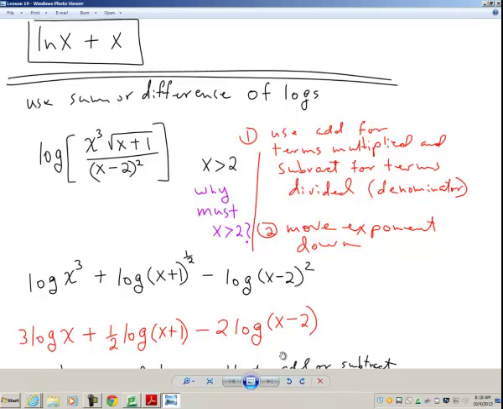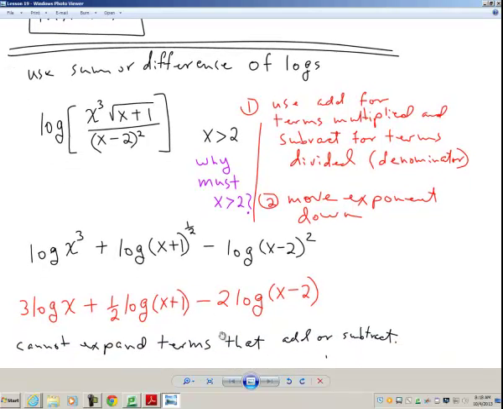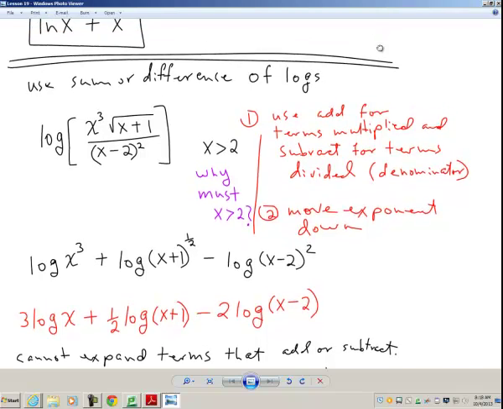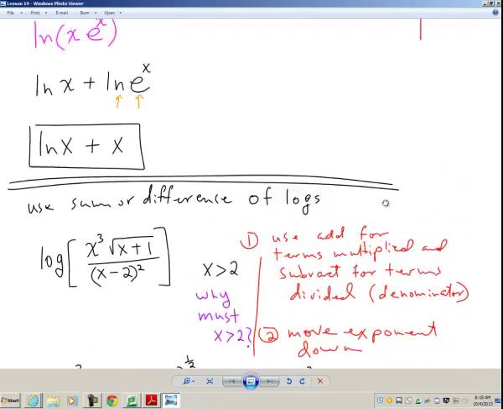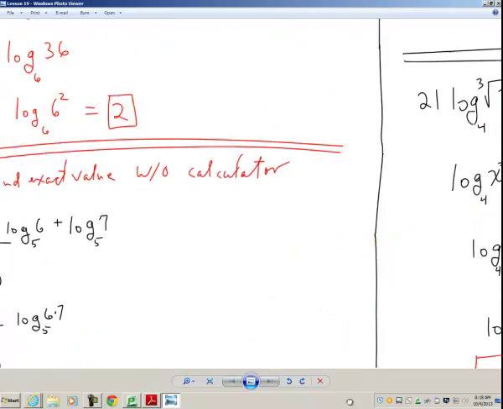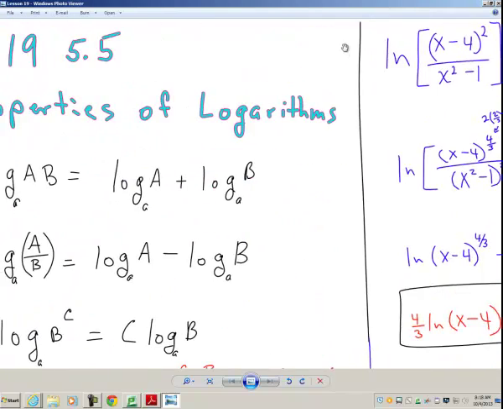You cannot do anything with that because it's only with multiplication inside this logarithm here that you can expand it. So this is all you can do with that. Okay? Questions with that? All right. So let's take a look at the other half.